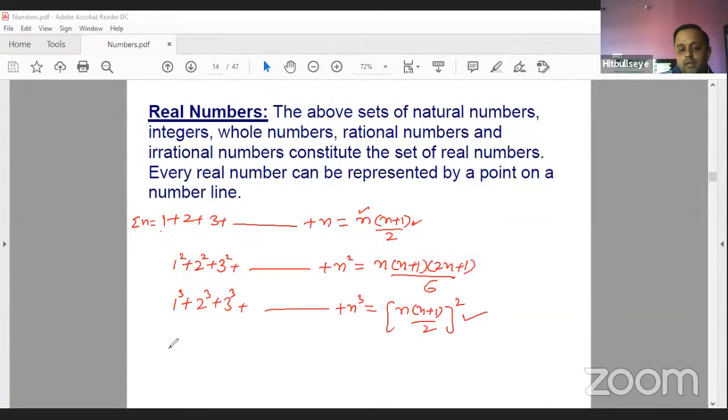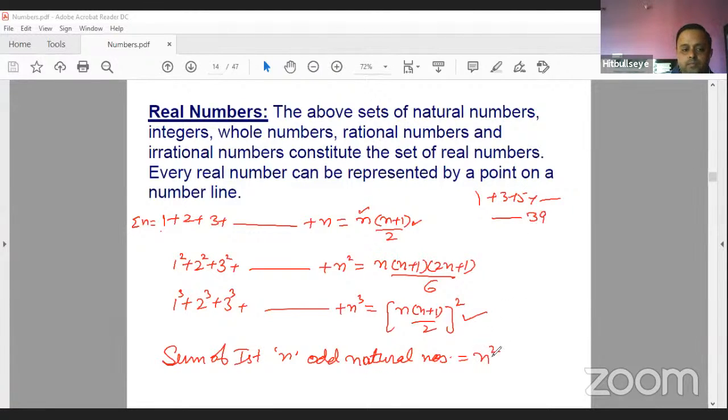But if the question asks you for the sum of first n odd natural numbers, only the odd ones, not the evens, meaning 1 plus 3 plus 5 and so on up to, say, 39, that is given by the formula n square.